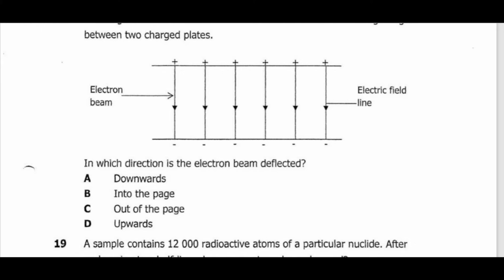We can see that we have electric field lines, this. Now the electron beam is coming in this direction. So what happens when electrons enter an electric field? What happens in terms of that is what we are trying to focus on here.